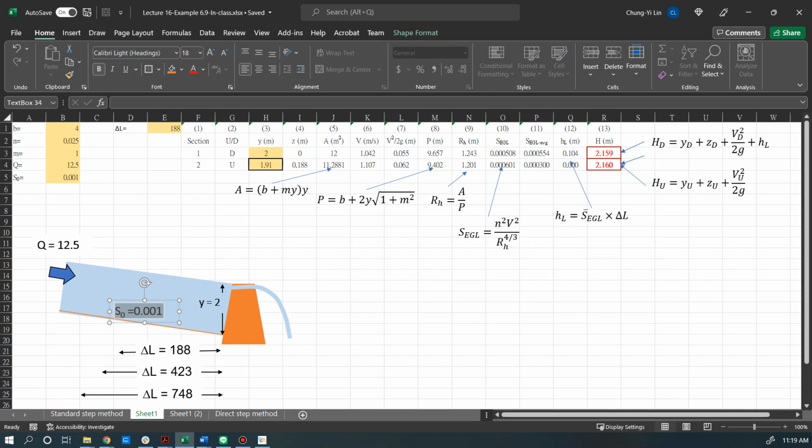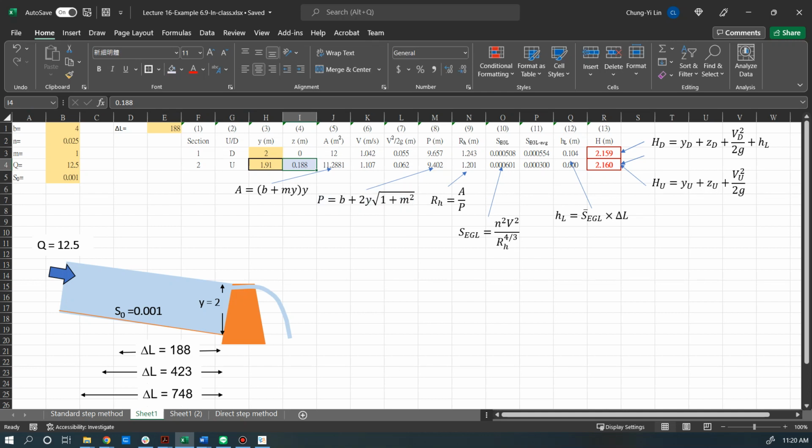We calculate z by multiplying S naught by the distance 188, which equals 0.188, as shown here. This is the box you need to modify.